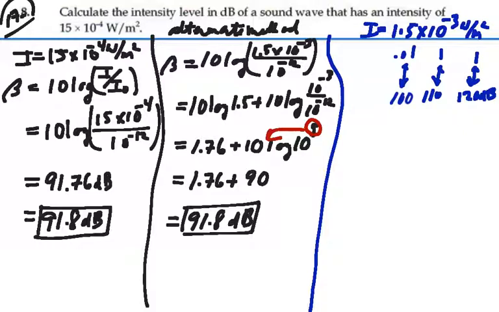Still going down, 0.001 corresponds to 90 decibels.